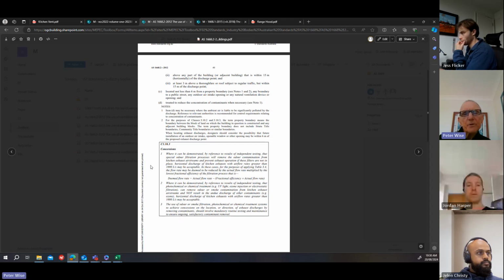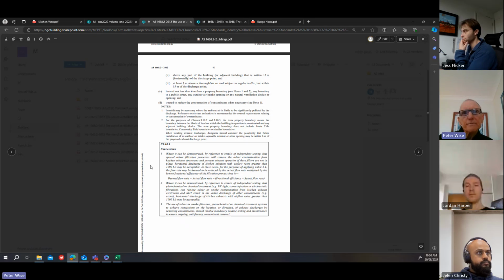This is something that comes up quite often. If you have a cafe or restaurant at ground level in a mixed-use building where you might have apartments above or offices above, and this is quite common. If you go into the city, you'll see multi-storey buildings with restaurants at the ground floor.